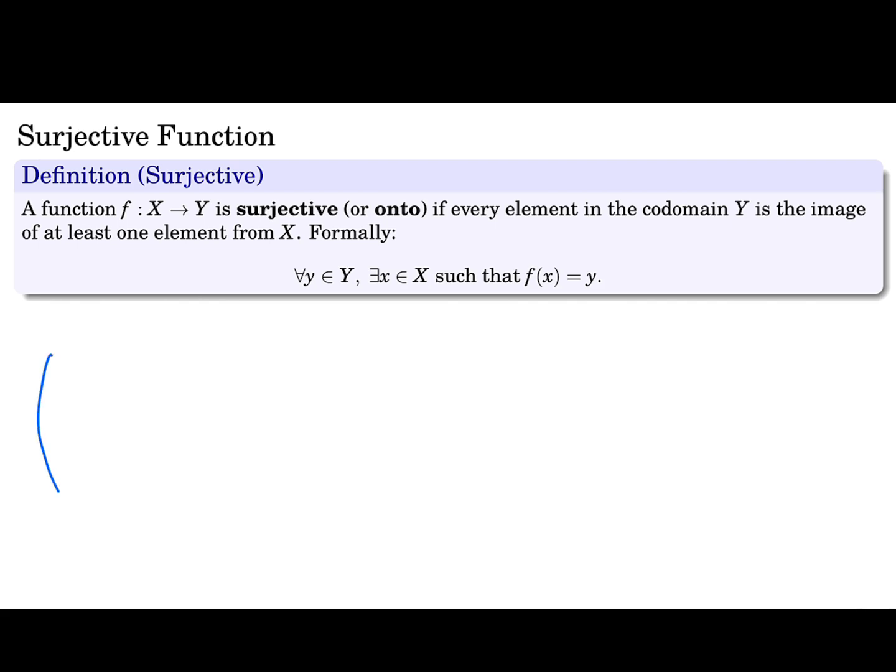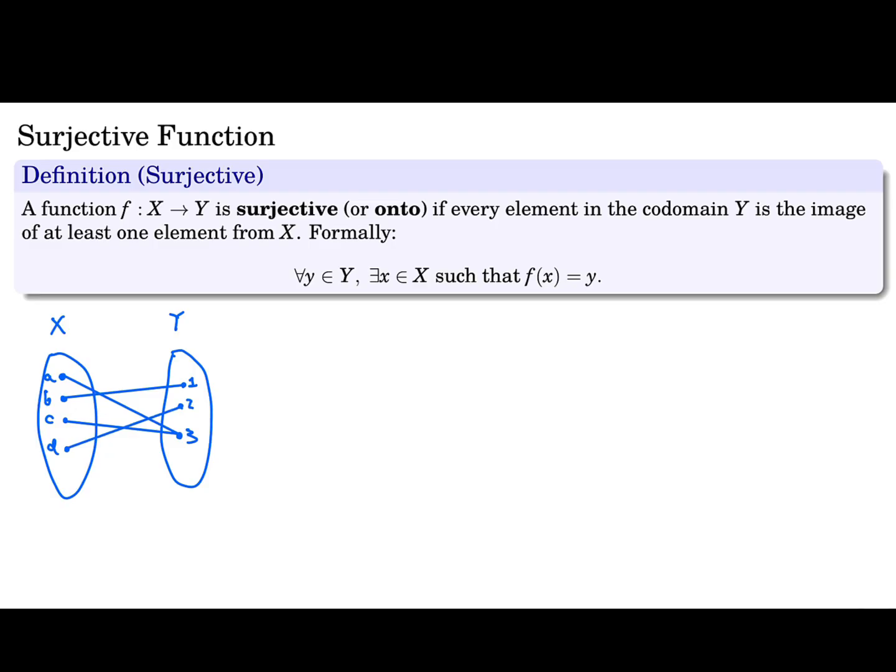So let's say that we have a set x and a set y, and let's say that x has 4 elements, a, b, c, and d, and y has 3 elements, 1, 2, and 3, and let's have a function that maps a to 3, b to 1, c to 3, and d to 2.